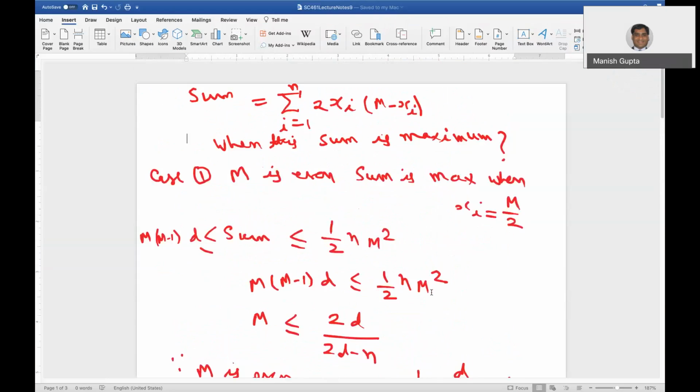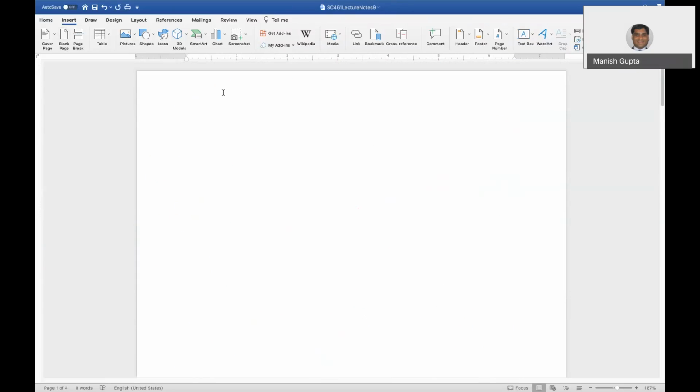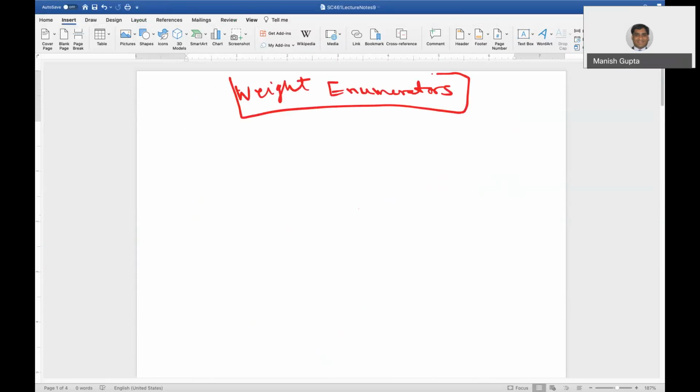Okay, so now we look at another important concept, and that concept is the idea of weight enumerators. Suppose C is our [n, k] q-ary linear code.